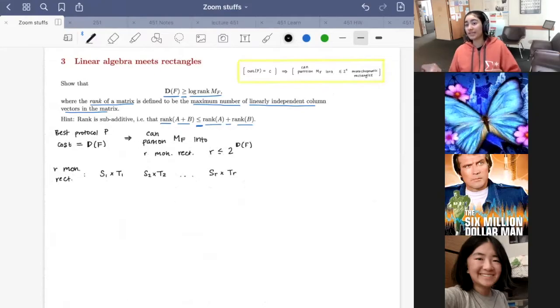So using these monochromatic rectangles, my goal now is, how can I split up my matrix MF into the sum of a bunch of other matrices so that I can bound the rank? Somehow if I could add up these monochromatic rectangles and get my original matrix M, that would be really useful. But the dimensions of all these monochromatic rectangles are not the same at all.